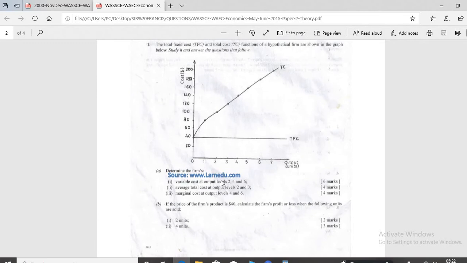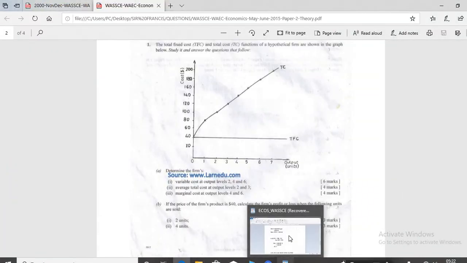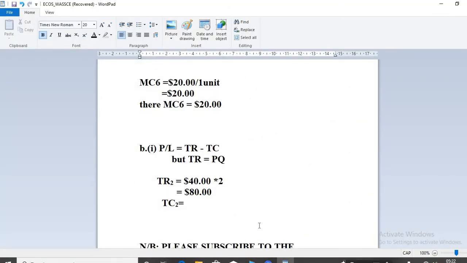When 2 units are sold, what will be the cost of producing 2 products? Let's trace it from here up to the total cost curve, then across to the cost figure. So the cost of producing 2 products will be $100, from the graph.